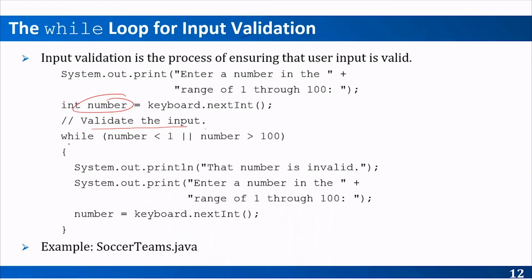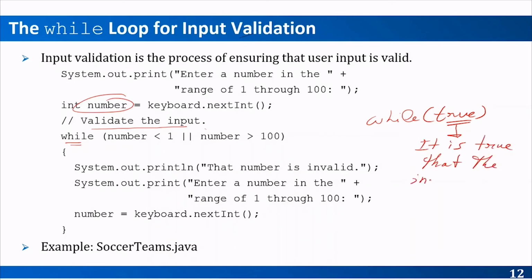We know that the while loop works if it's while true. So that true, what do we want to check? It's true that the input is wrong.